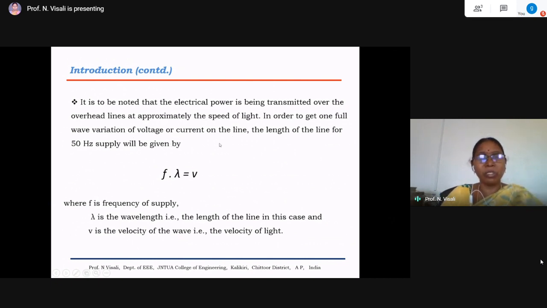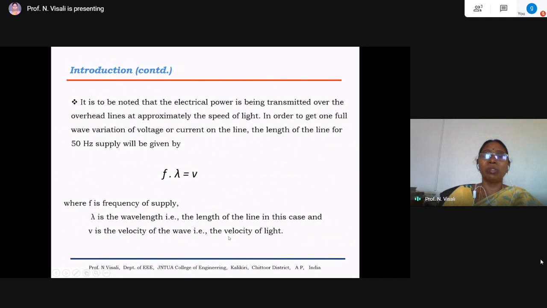One full cycle of voltage or current on the transmission line corresponds to a length of the line given by f into lambda equals v, where f is the frequency of supply, lambda is the wavelength, that is the length of the line in this case, and v is the velocity of the wave, that is the velocity of light.